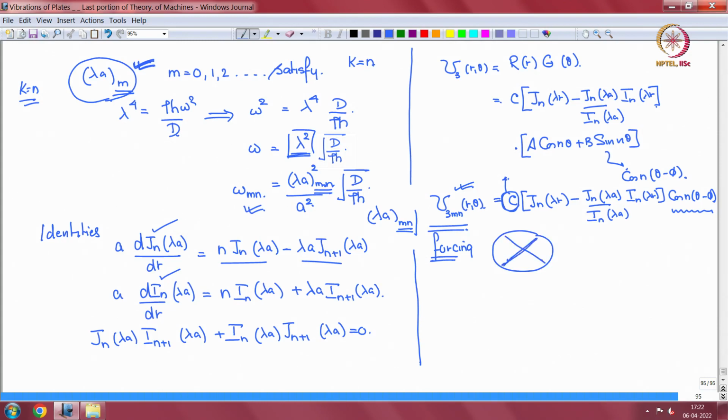If a mode has two nodal lines, whether they will be like this or whether they will be a little more rotated will not be known. Only when there is a forcing, in accordance with the forcing, the exact phi will be made clear. So we now have the mode shapes for a circular clamped plate.